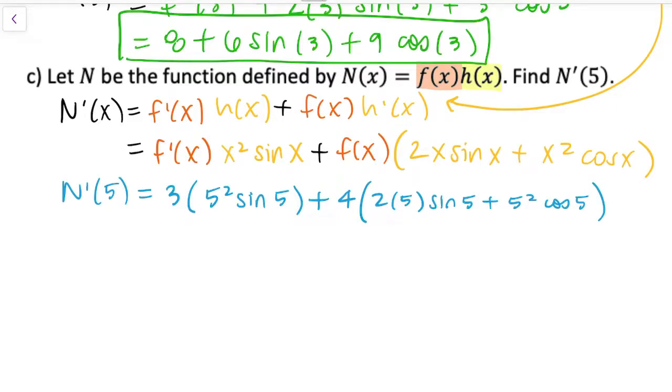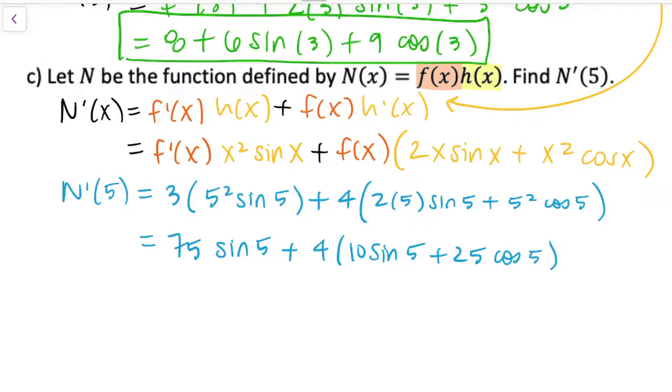This is totally fine. For our sake, we're going to go ahead and keep simplifying just a little bit further so that we feel a little bit more sane. So 3 times 5 squared times the sine of 5. 5 squared is 25 times 3 is 75 times the sine of 5, which who knows what that is, plus 4 times 10 sine 5 plus 25 cosine of 5.